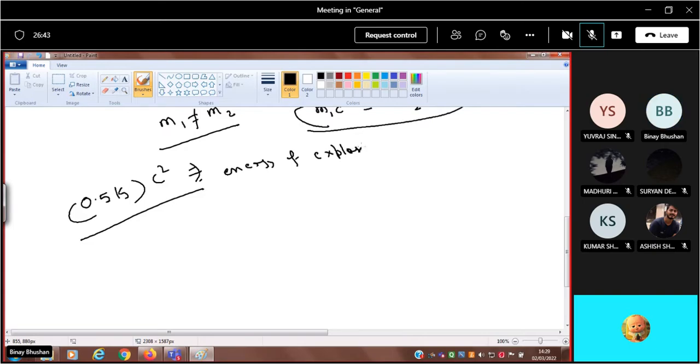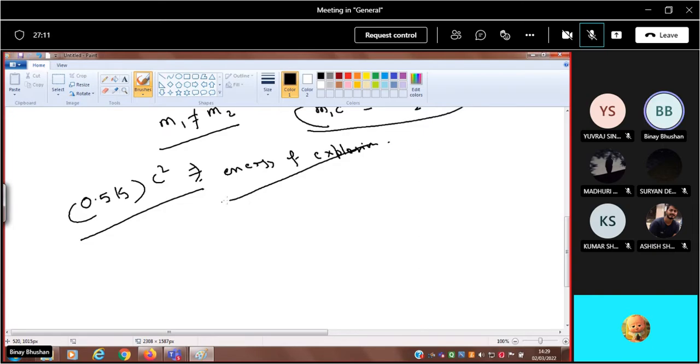And this is the basis of the atom bomb, hydrogen bomb, and this is the basis of the nuclear reaction. In nuclear reaction, the masses of the fragments are not conserved. Always there is a difference of mass, and this difference of mass is converted into energy.